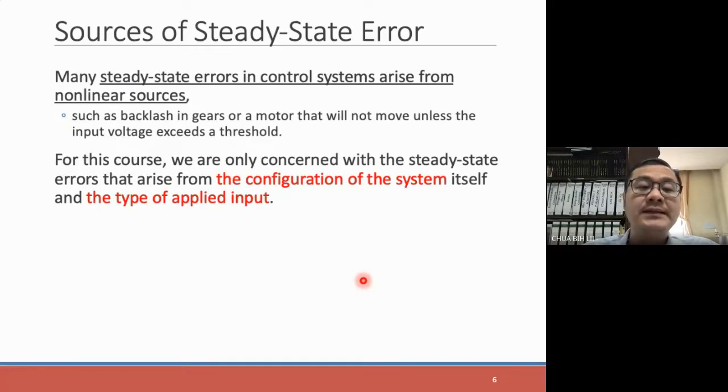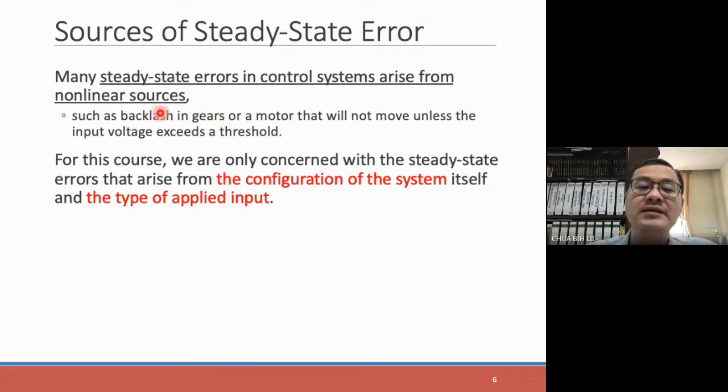So next would be the sources of the steady state error. For sure, they can come from various sources, especially nonlinear sources. For example, a gear has backlash. Meaning, when you turn a motor clockwise, then you stop and turn it anti-clockwise, there is a gap between the two mating teeth, where there is no direct drive between the gears.